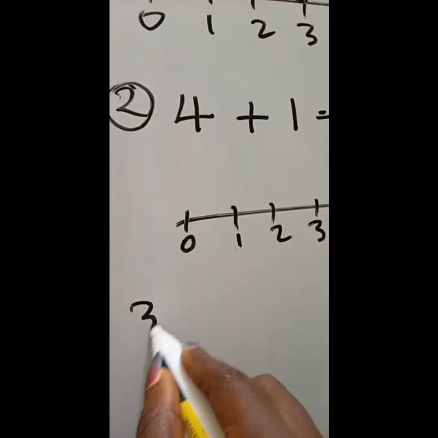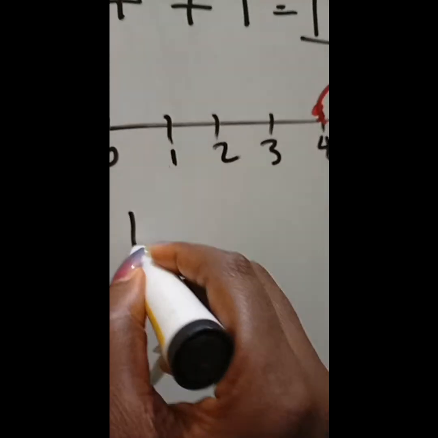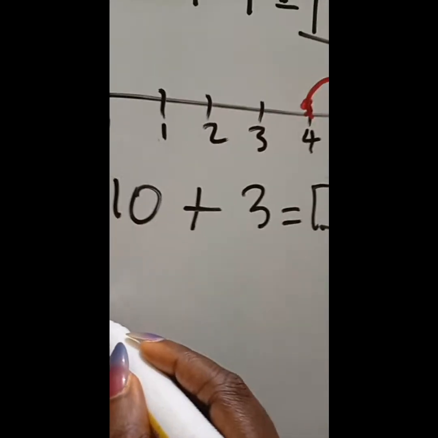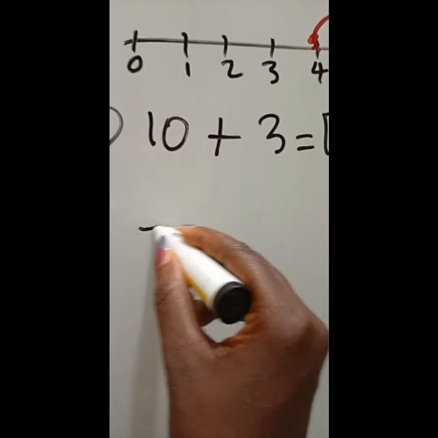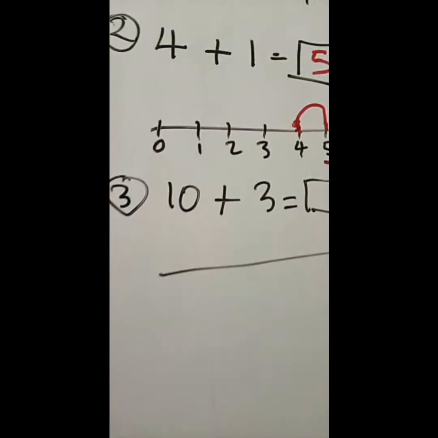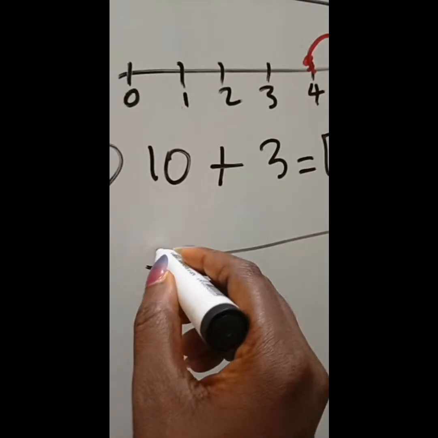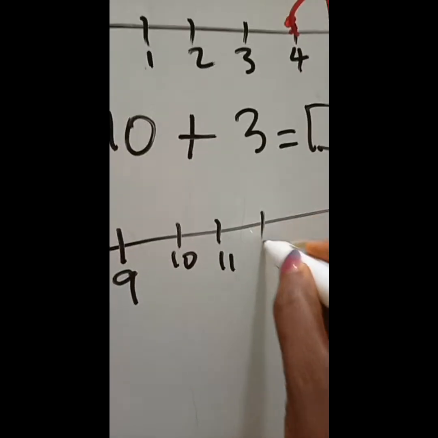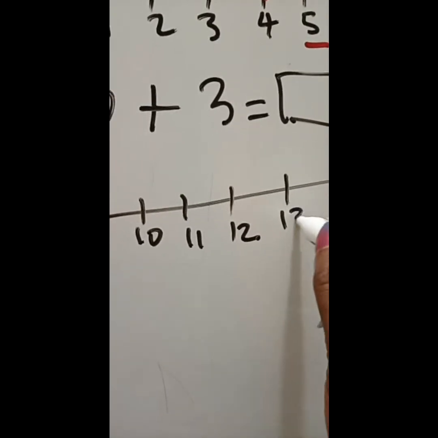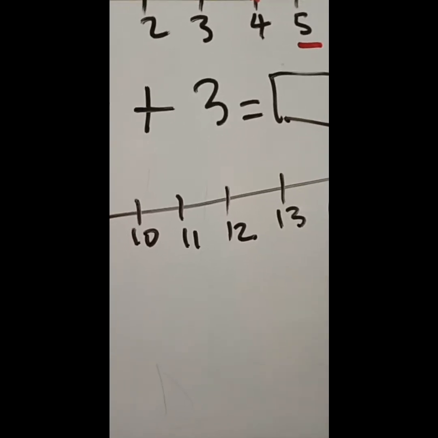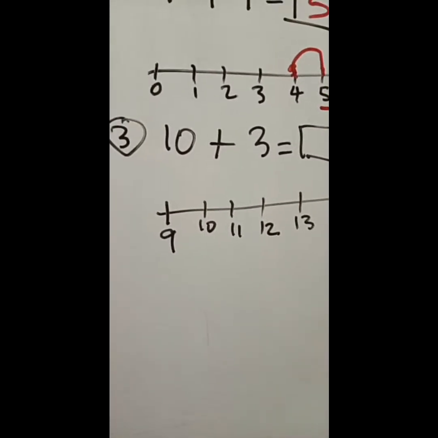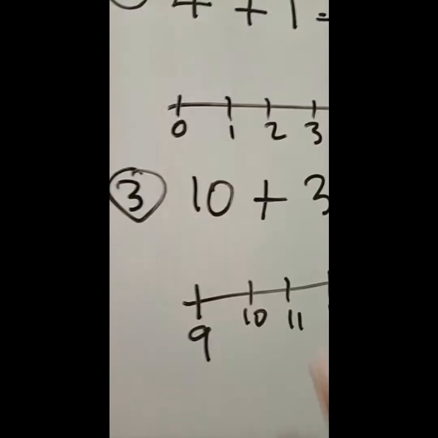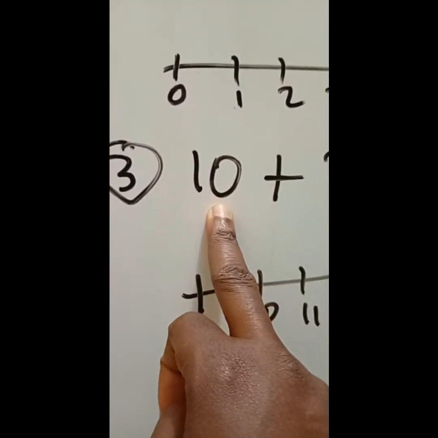Number 3. For example, you're asked to solve 10 plus 3 gives you what? Okay, so the first thing you have to do, you draw your number line, and you place numbers on it. As you start with 10, I can actually say 9, 10, 11, 12, 13, 14, 15. All right. So the next thing to do, the frog started its jump at number 10.